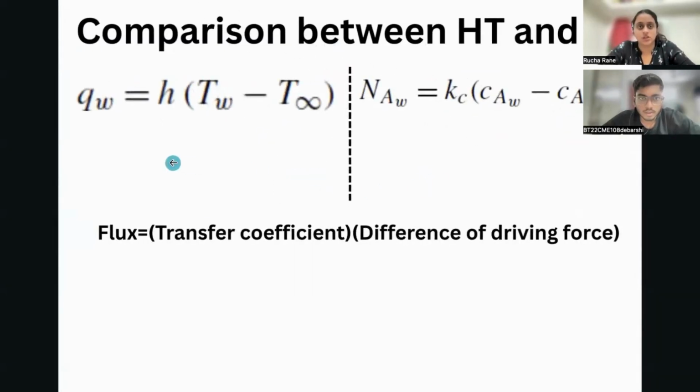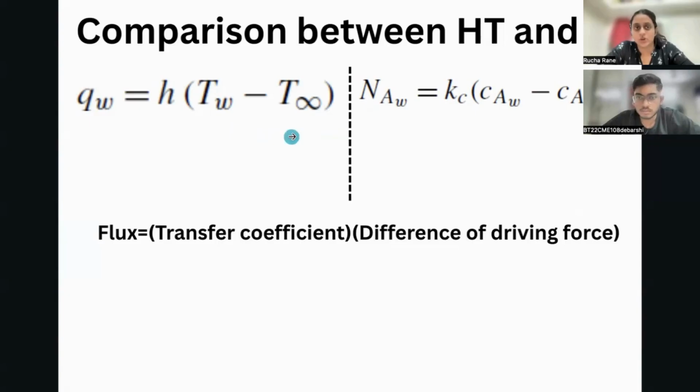So here, for heat transfer, the derivative term at the interface was practically impossible to determine. So we came up with the substitution of Newton's law of cooling, which states that the heat flux is equal to the heat transfer coefficient into the difference of the temperature at the wall minus the temperature of the bulk fluid flowing over the flat plate.